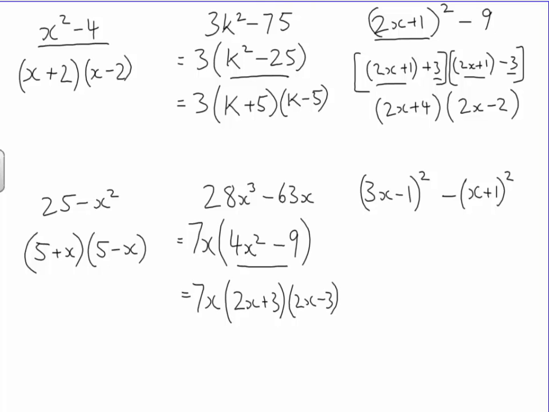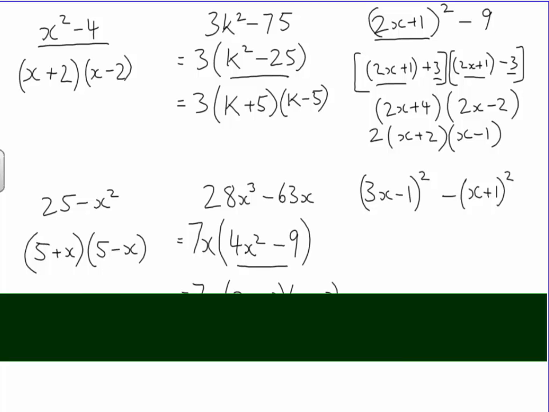Oh, actually, am I done? I've noticed that they're all divisible by 2 in that line. I could put a 2 out the front and do x plus 2 there, and put x take 1 here, because 2 multiplied by all of that would double it.